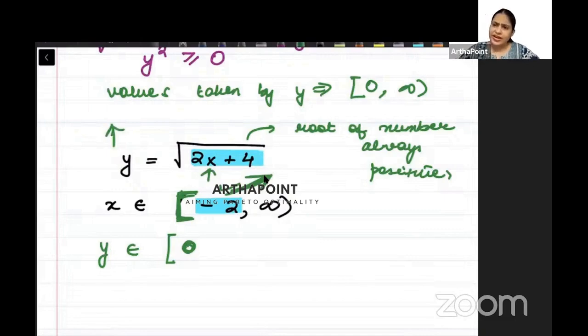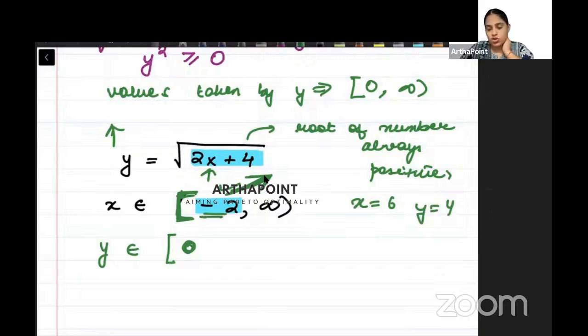तो जो अंडर रूट आएगा, that will also be some positive value only, but it will keep increasing as x increases. माने just put x as 6. So when x will be 6, y is coming out as 4, beta, है ना? So when I put x as -2, y is 0. जब हमने x बढ़ाया तो y भी बढ़ा.